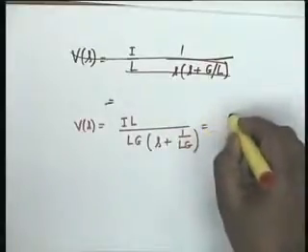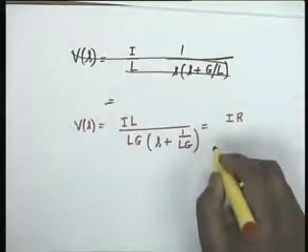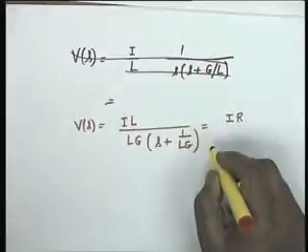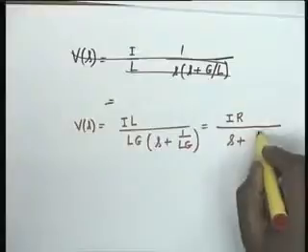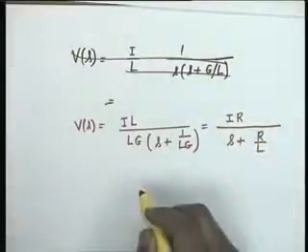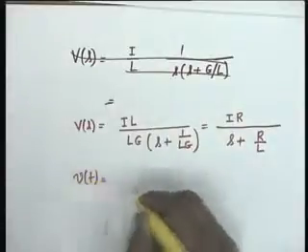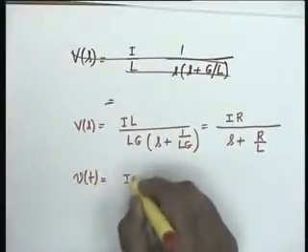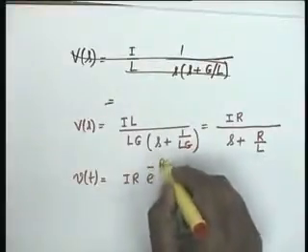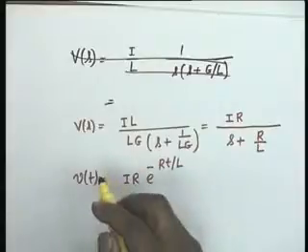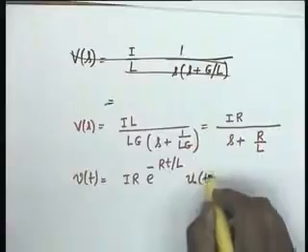This is equal to I divided by G, which is simply IR, capital G being the reciprocal of the resistance, divided by s plus R by L. Therefore I can take the Laplace inverse of this to get v(t) as IR e to the minus Rt by L. This is not complete, we must write it multiplied by u(t).